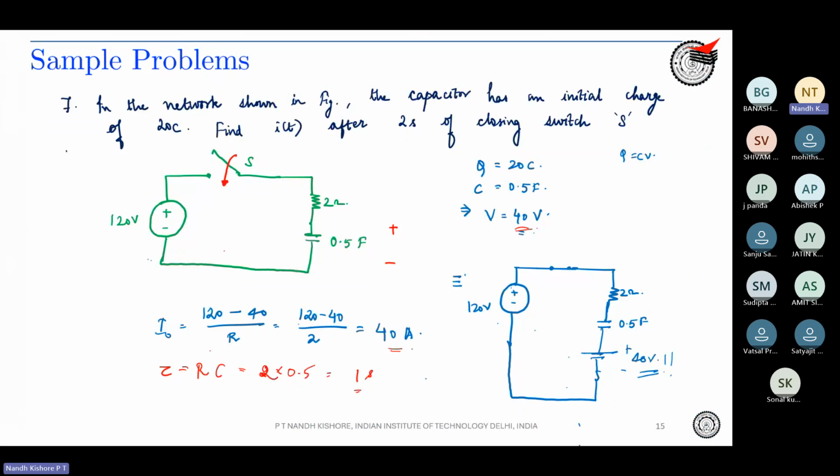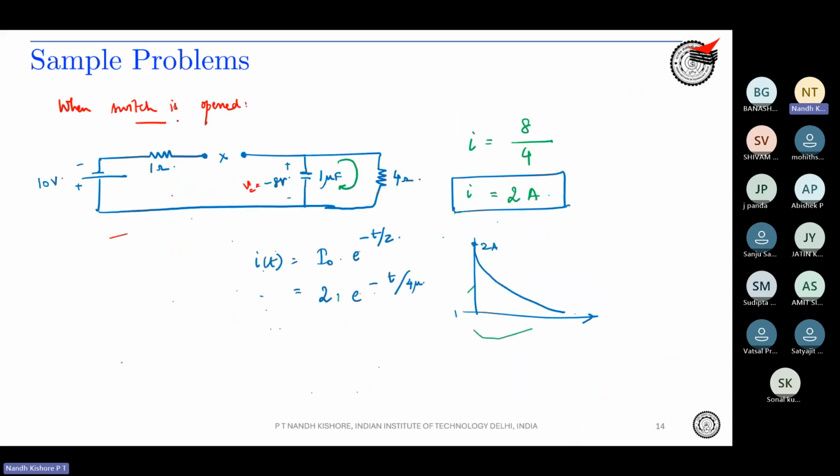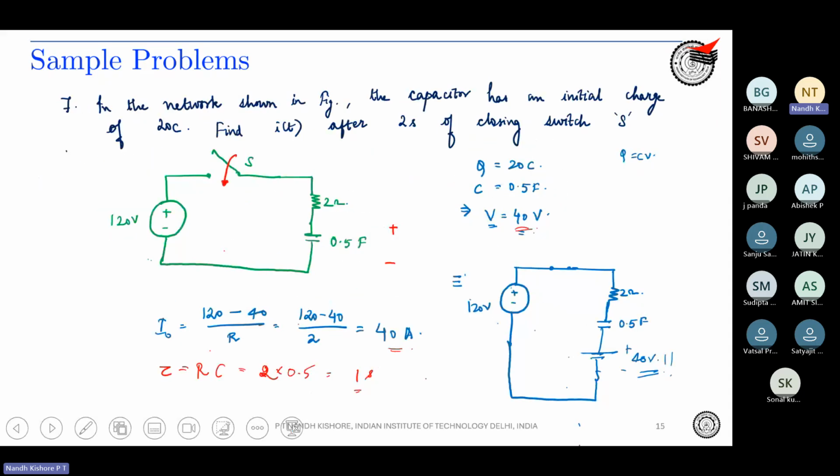See, the capacitor has an initial charge of 20 coulomb. We found that corresponding to 20 coulomb, the voltage is 40 volts. So now where are we in the circuit? We just map the same thing over here.